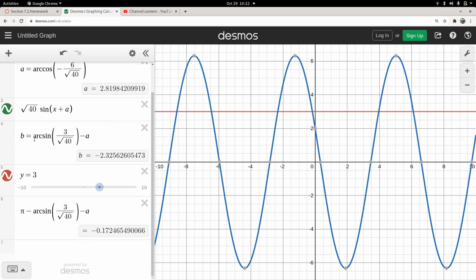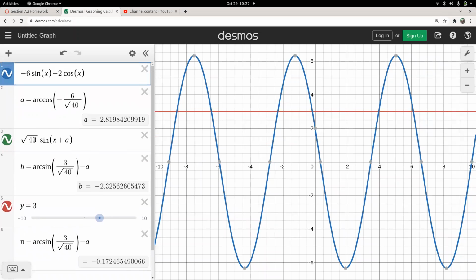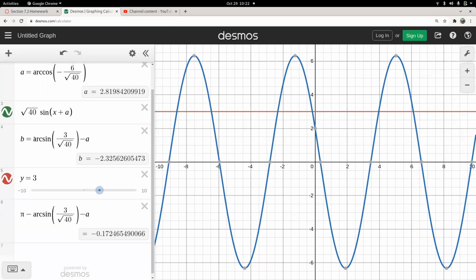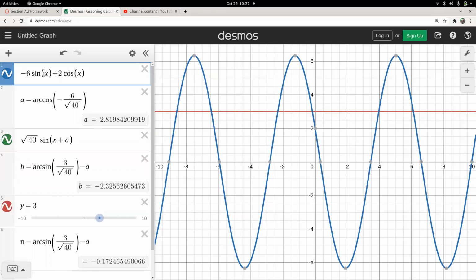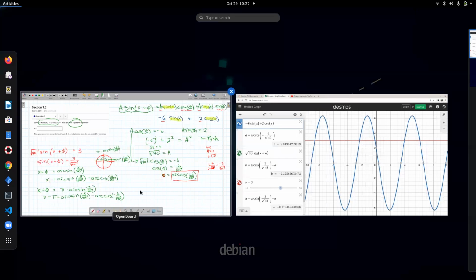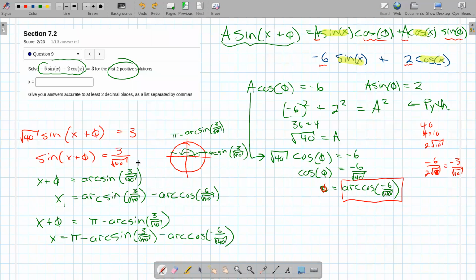Okay, so I thought my first solution was this one right here, but it's going to have to be 2 pi plus that, one period over. So I found this solution and this one. I want this one and that one, and they are a period away. And the period here, because we have just x's, is 2 pi. All right, so actual solutions, modify this.